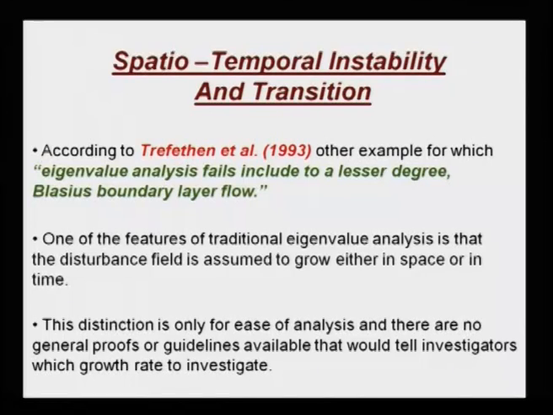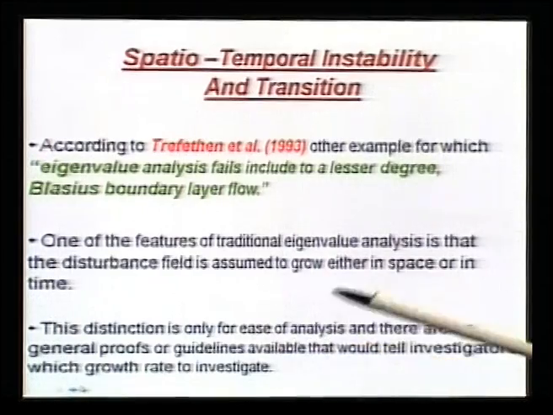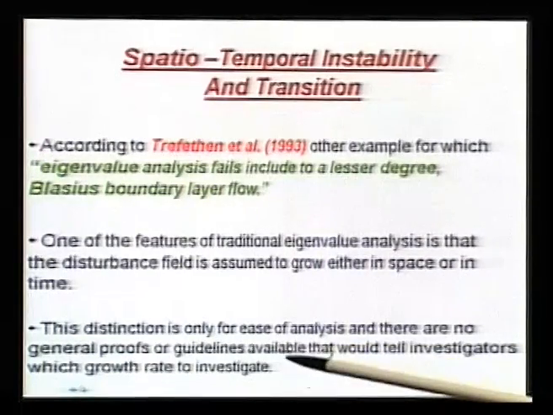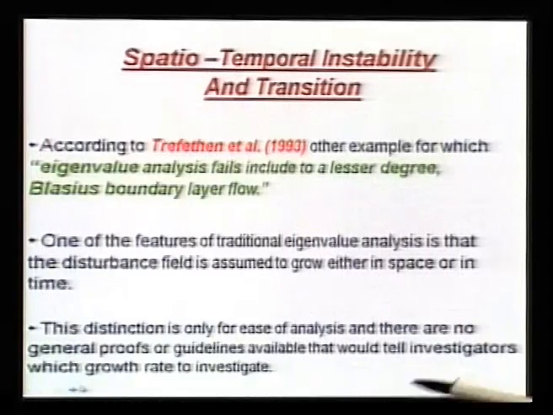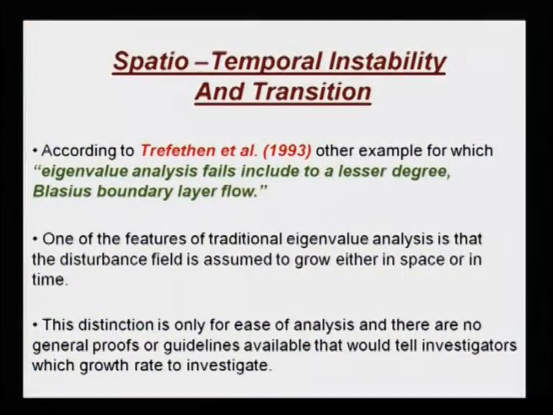Those will be called spatiotemporal instability, and they can also lead to transition. Okay, that is what we note, that this distinction between spatial and temporal instability is only for the ease of analysis, and there are really no general proofs or guidelines available that would tell which method to really follow.